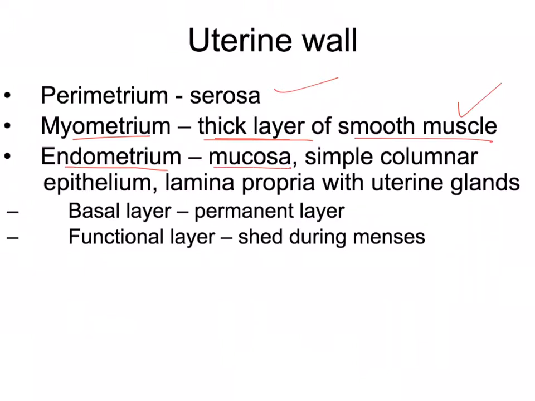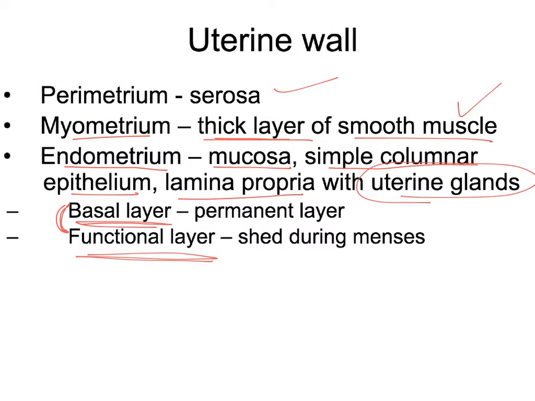It's essentially simple columnar epithelium, and it has a layer of lamina propria. It has uterine glands in there. It has two defined layers. The basal layer is the bottom layer of the endometrium, and then the functional layer is what's actually going to slough off if the egg is not fertilized.